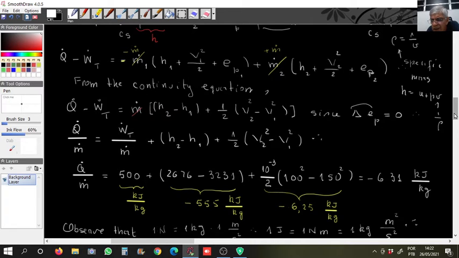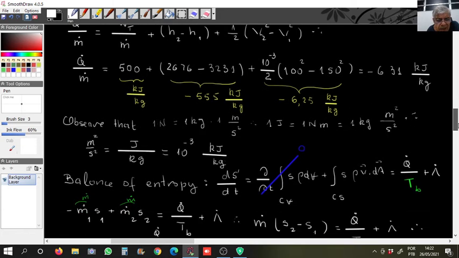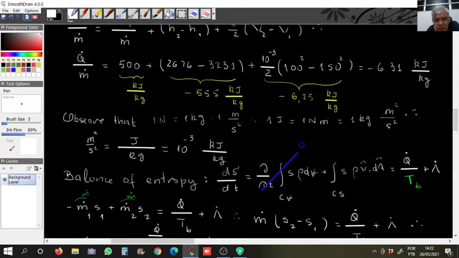Now, I work a little bit here just for you to see. 1 Newton, from Newton's second law, force is equal to mass times acceleration. That's the definition of the 1 Newton, the unit of force in the international system. Then this is multiplied by meter here.